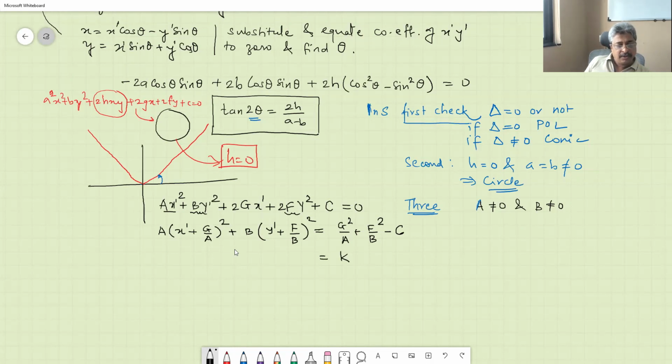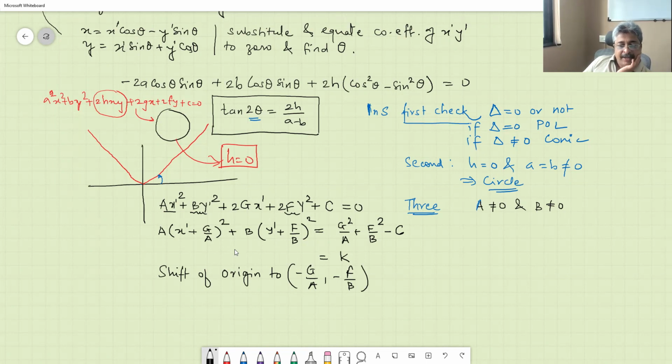Now you shift the origin to minus G upon A, comma minus F upon B. By doing this, this bracket will become capital X. So we will end up getting A capital X square plus B capital Y square.